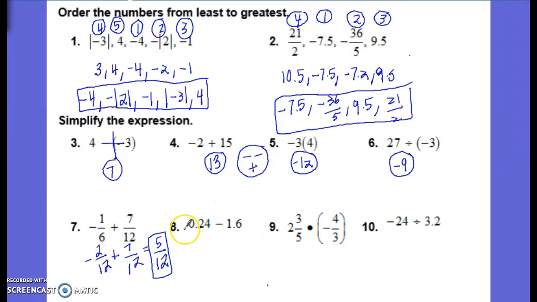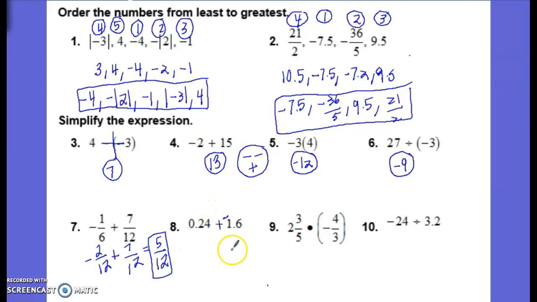Here we have decimals, so 0.24 minus 1.6. It's always, when you're working with integers, easier to change your subtraction problems into addition problems. Remember that rule, keep, add, opposite. So keep, this turns into plus. The opposite of a positive 1.6 is a negative, okay? And now we have a positive number adding to a negative number.